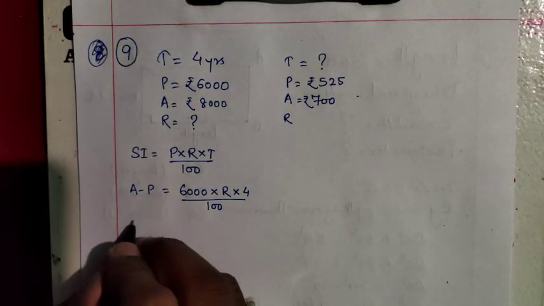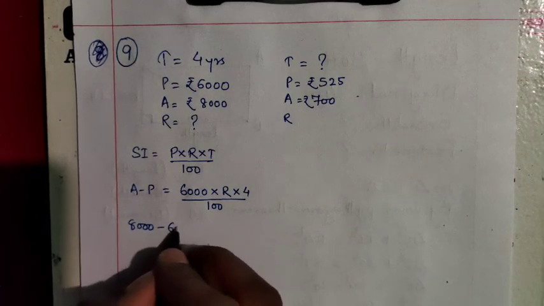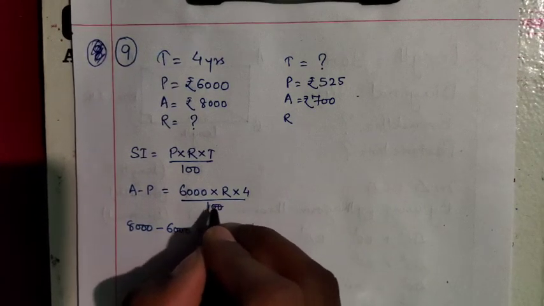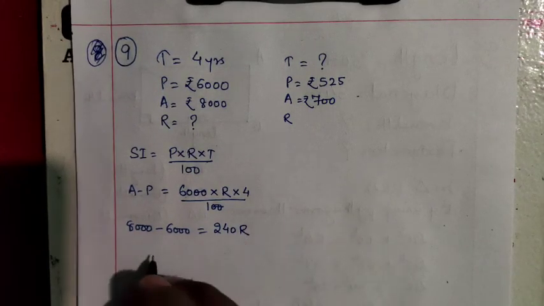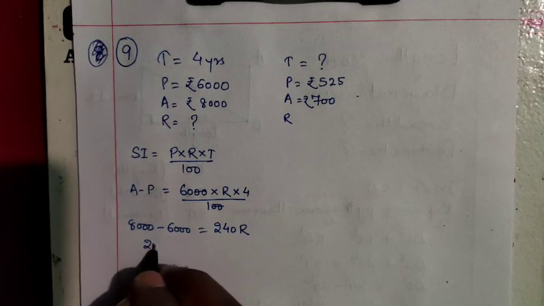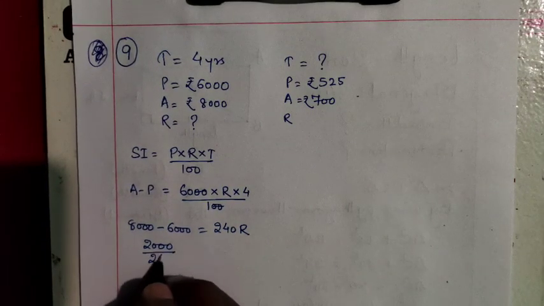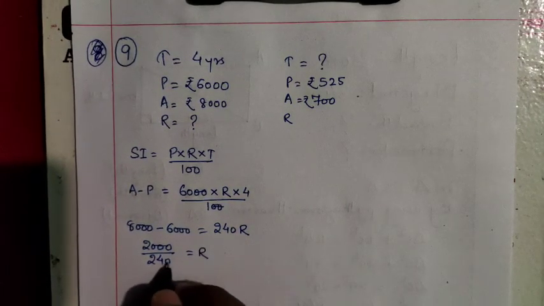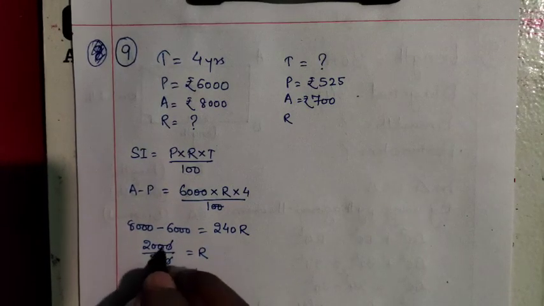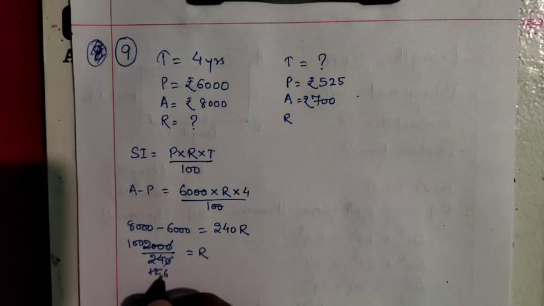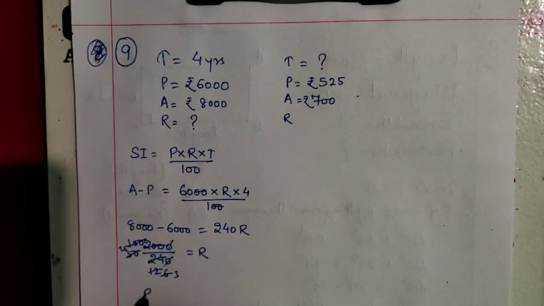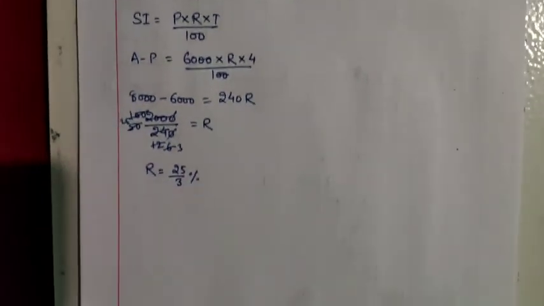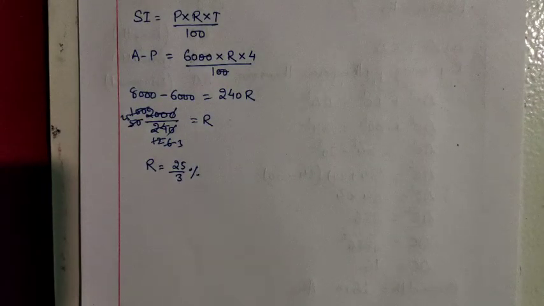In place of amount 8,000, in place of principal 6,000, is equal to, 0 cancel, 6 4 24, it is 240 R. This will be 8,000 minus 6,000, 2,000 divided by 240 is equal to R. 0 cancel, 2 12 200, 2 6 250, 2 3 225. It means rate of interest we have got is 25 by 3%. No need to convert it into decimal.